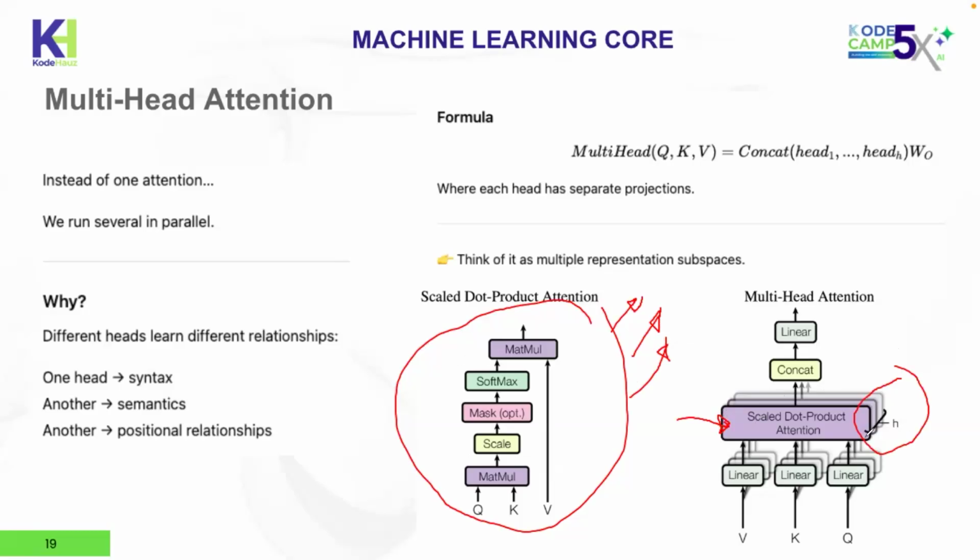When we multiply it across, the same way we use multiple filters in convolutional neural networks, we now have multiple attention heads. Each of these attention heads is able to come up with a different way that the words or tokens attend to each other.